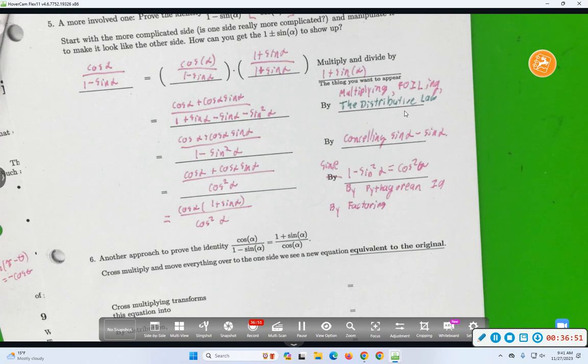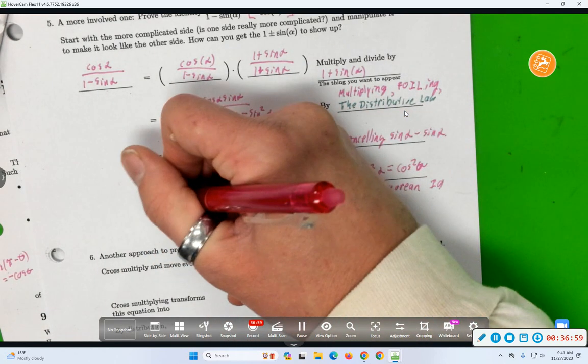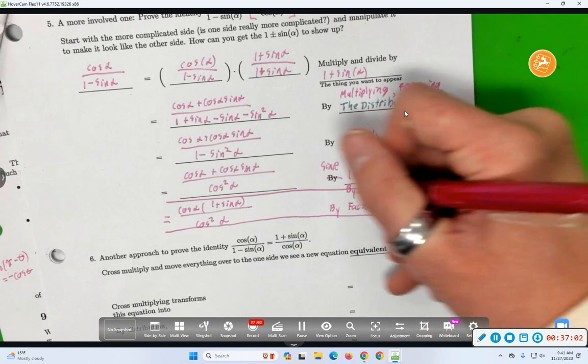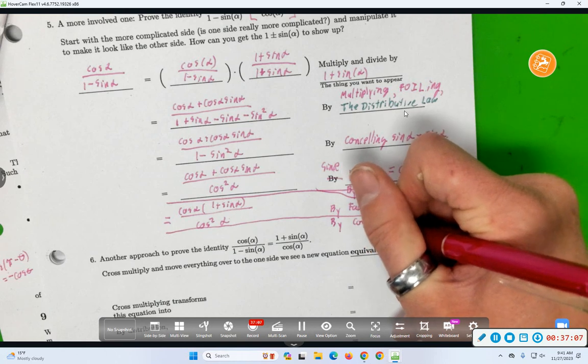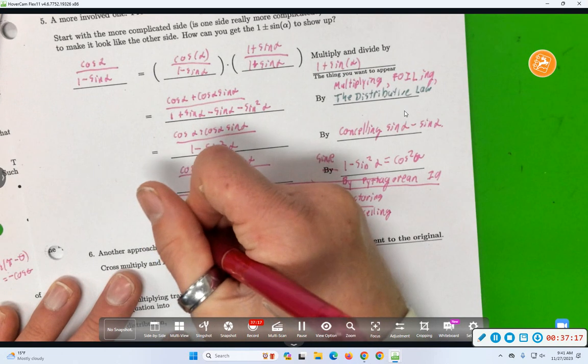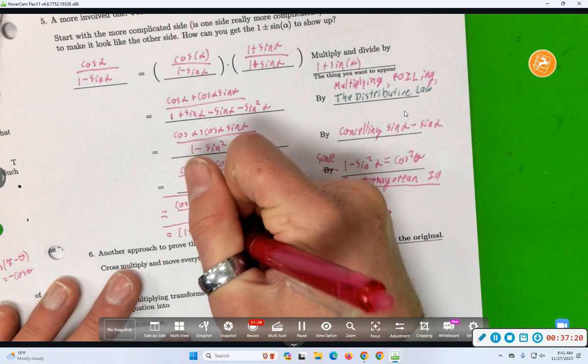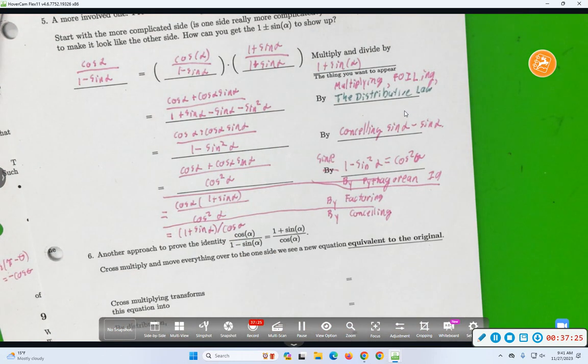So what could you get out of canceling now? Well, I can cancel a cosine from the numerator and denominator. They're both divisible by cosine. That would leave me with 1 plus sine alpha divided by cosine alpha. I cancel. Is that exactly what I wanted? Cool.